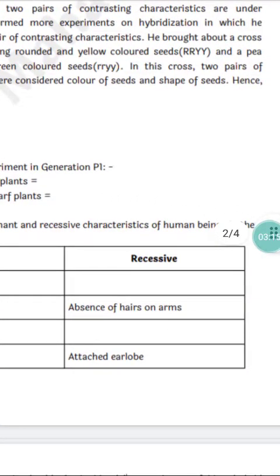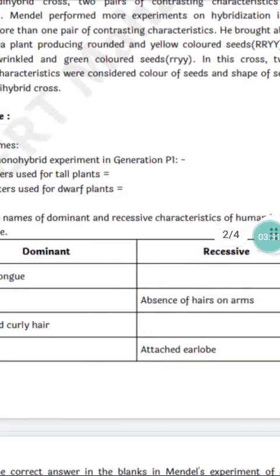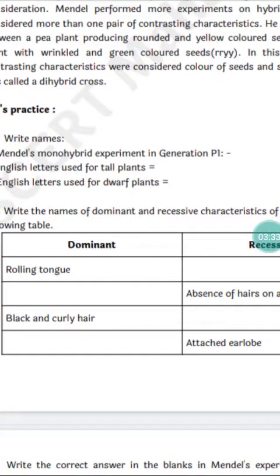And the recessive character you have to write here, that is a non-rolling tongue. You can refer to the textbook, non-rolling tongue. The second recessive character given, absence of hairs on arms, meaning less hair on the body. It is a recessive character. And the dominant character is presence of hair on the arms.